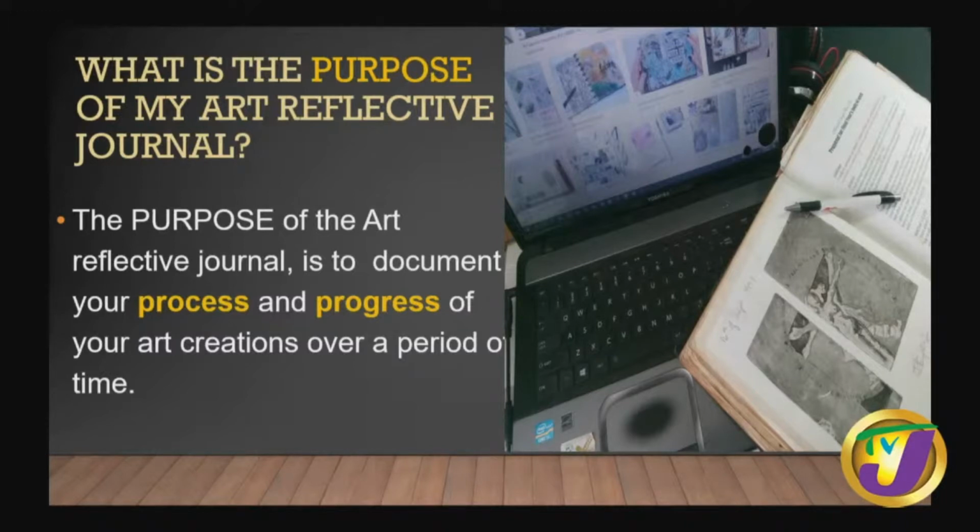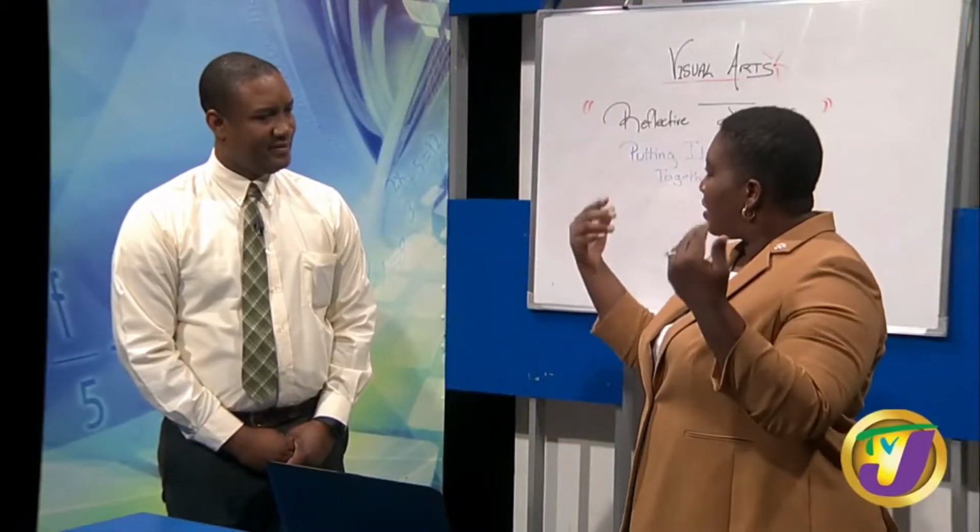Your process is how you go about investigating, how you go about your production, the creative process or thinking behind each production. And progress: how have you advanced? How have you improved? New things that arise out of the exploration over the 2 years.